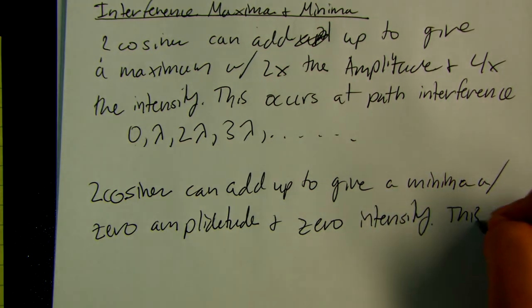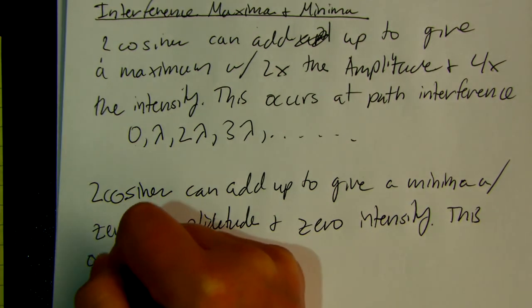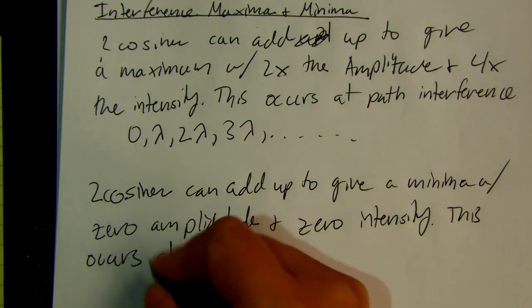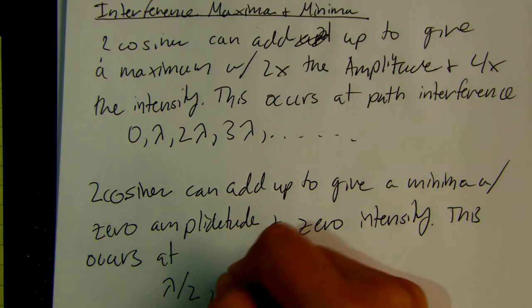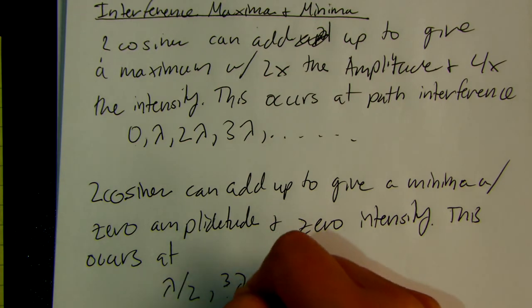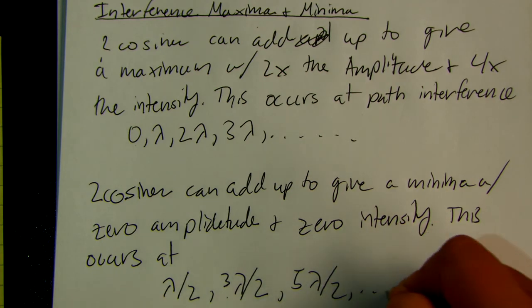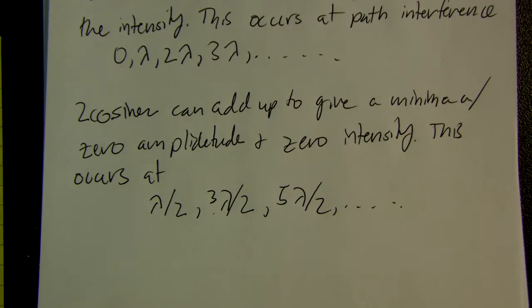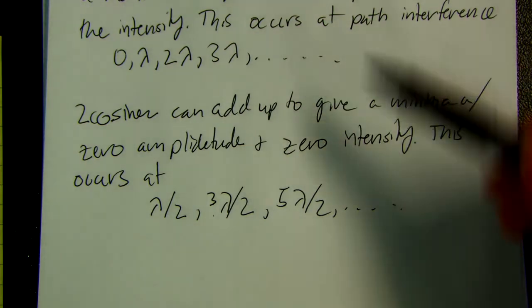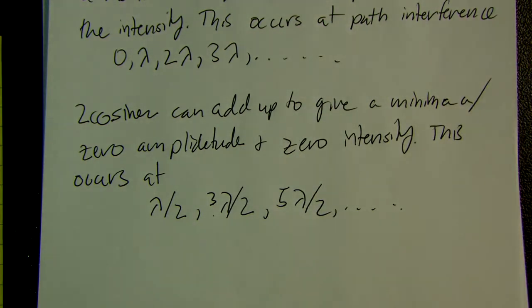And this will occur at lambda over 2, 3 lambda over 2, 5 lambda over 2, etc. Okay, and of course you can always prove these to yourself.